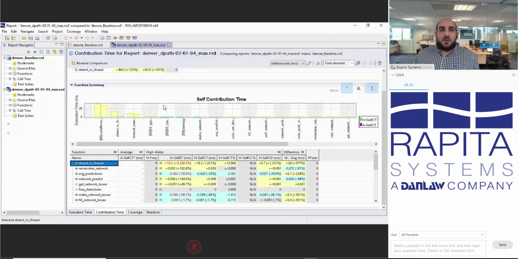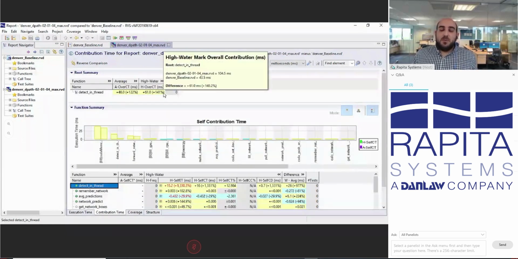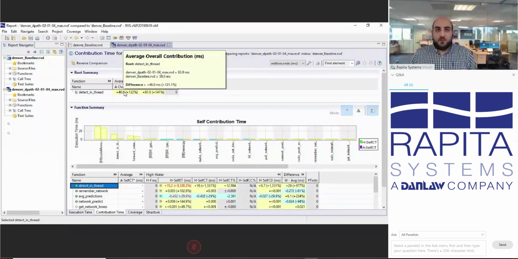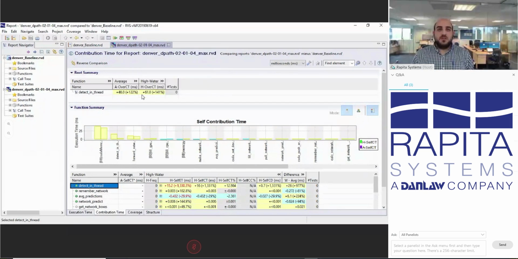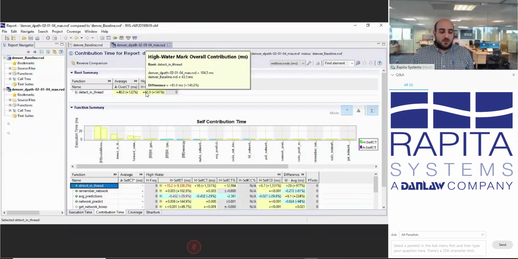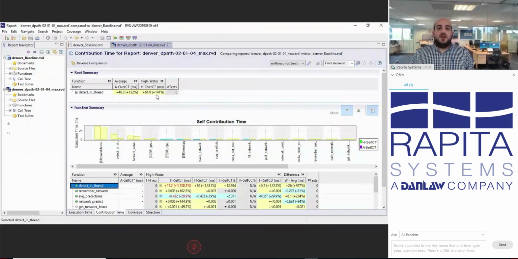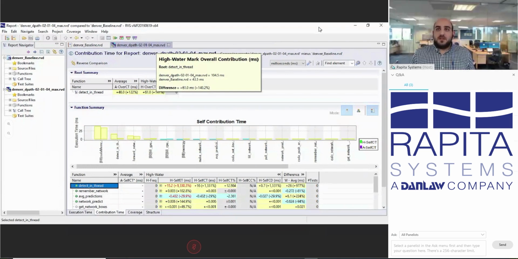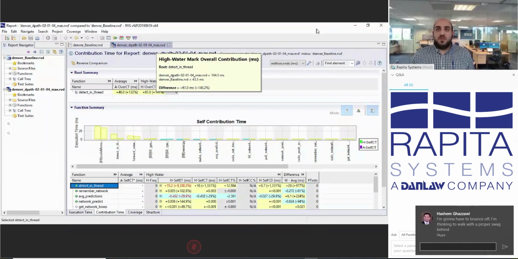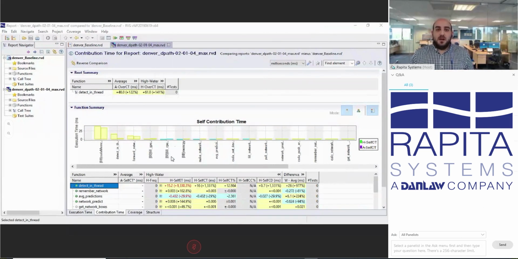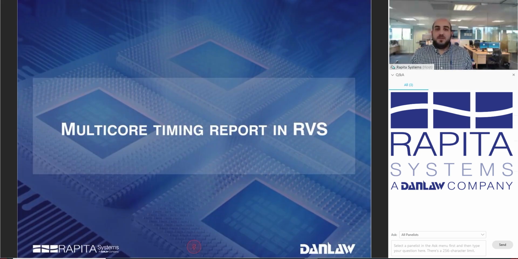So the outcome from this is that our application will be missing its average execution time requirement when it has to really compete for hardware resources. However, it should still be within its maximum allowed execution time. The next iteration of the loop should be to investigate whether that behavior is acceptable within the context of the system itself.